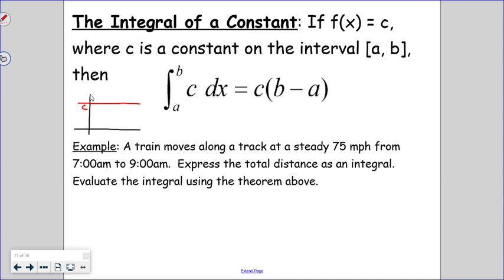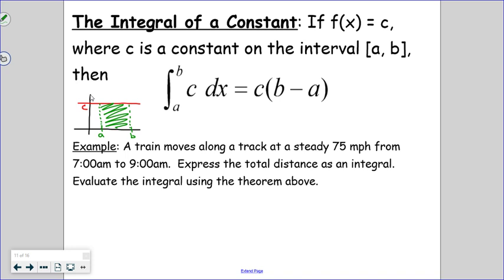And if we're asked to integrate that to find the area between that and our x-axis on some interval from a to b, as I connect those up to my constant, it's creating for us what kind of a shape? A rectangle, right? And the area of our rectangle is the base times the height. Well, the base can be found by finding the difference between the ends of our integral. B minus a, so there's the base, times the height is going to be whatever that constant is.